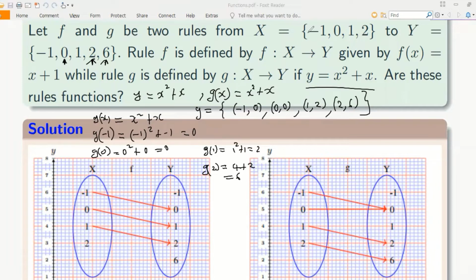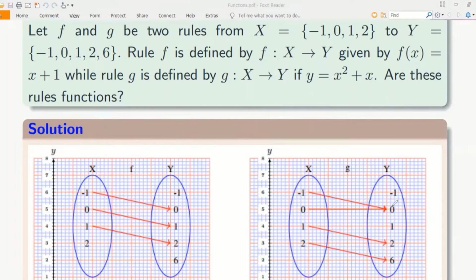Now, somebody might ask, what about where a single image has 2 objects? Like for instance, this time, this object had the image 0, and this object had the image 0. So 2 objects having the same image.